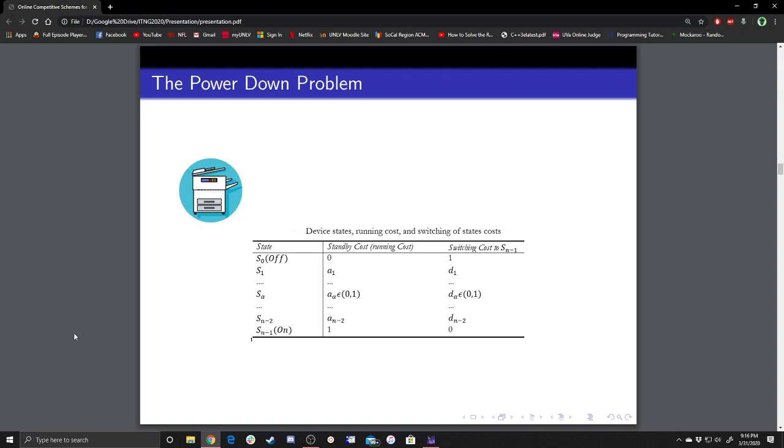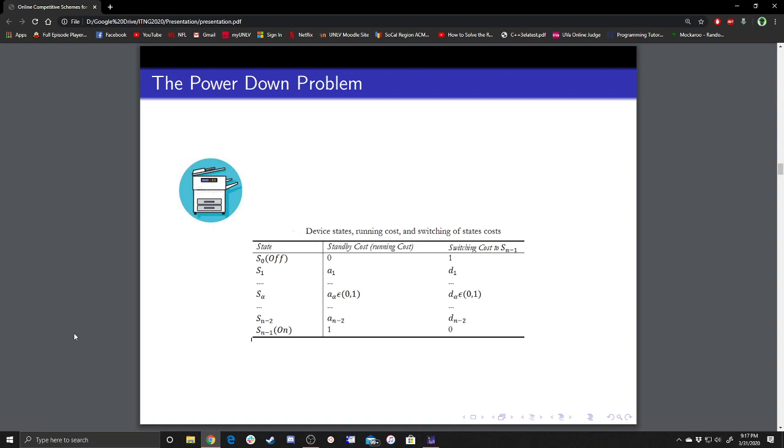As we go to lower power states, each standby cost gets smaller and smaller, but the power up cost gets larger and larger. Think of a computer in standby mode: it uses less power than the on mode, but it has to power up in order to handle a request. Standby mode takes more energy to power up than the on state, but if the machine is completely off, it takes the most energy to power up to the on state.